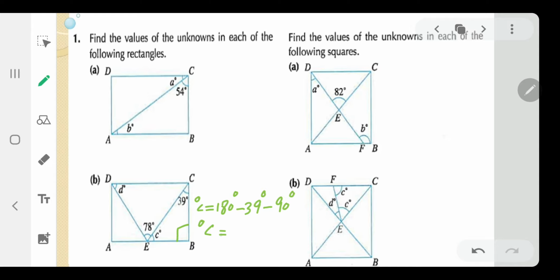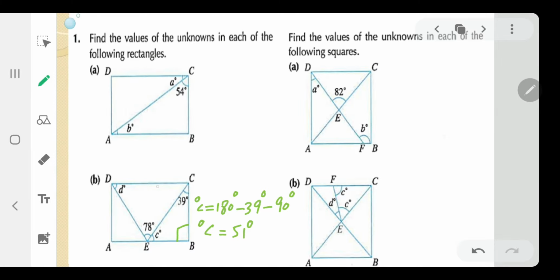The value of C is 51 degrees here, right? Now we have to find out the value of D here.